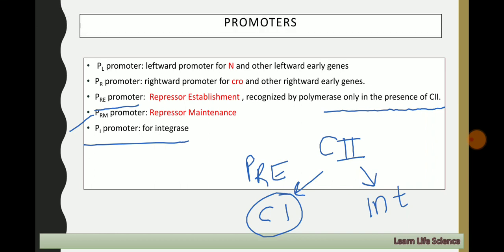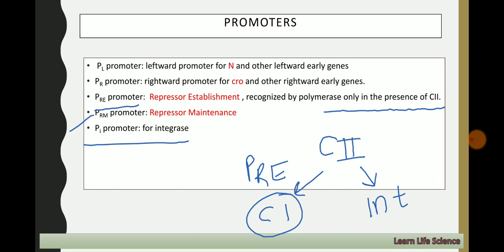PL promoter means leftward promoter, PR promoter means rightward promoter, PRE means repressor establishment, which is going to be recognized only when there is presence of C2 activator. Then there is PRM promoter, that is repressor maintenance promoter, and PI promoter for integrase. Now, as I have told you that the immediate early genes are the ones that are going to transcribe first.